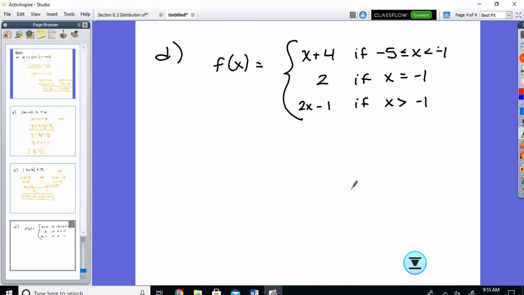So remember our strategy for drawing these graphs? We did a T-chart for each piece.